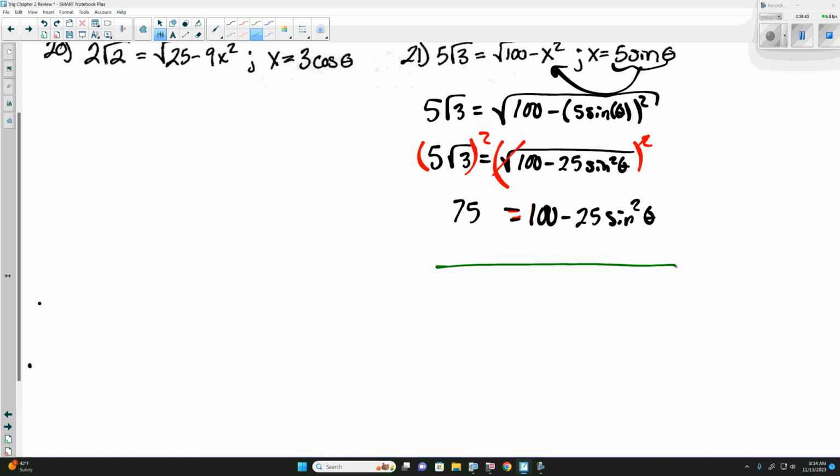Now at this point here, we're going to try to get sine squared by itself. So I'm going to subtract 100 from both sides, telling us that negative 25 is equal to negative 25 sine squared of theta.